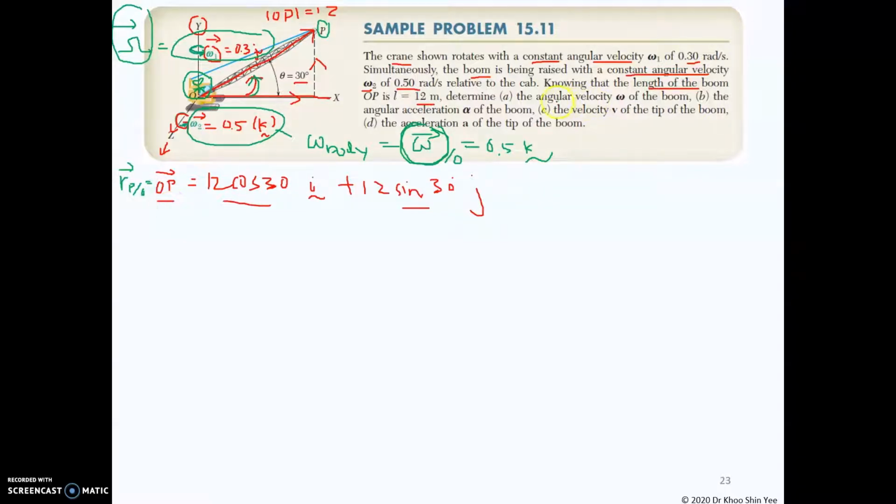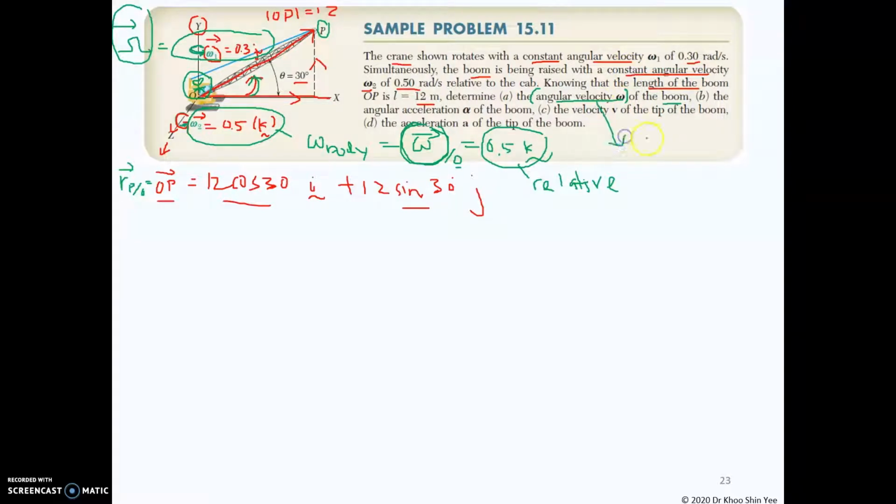In this problem, we are going to determine the angular velocity of the boom. You need to be careful, the angular velocity of the boom here is not equal to 0.5, because this value is a relative value, which is measured from the non-inertial frame due to the rotating frame here. In fact, we want to find the absolute angular velocity of the body, which is the boom in this problem.